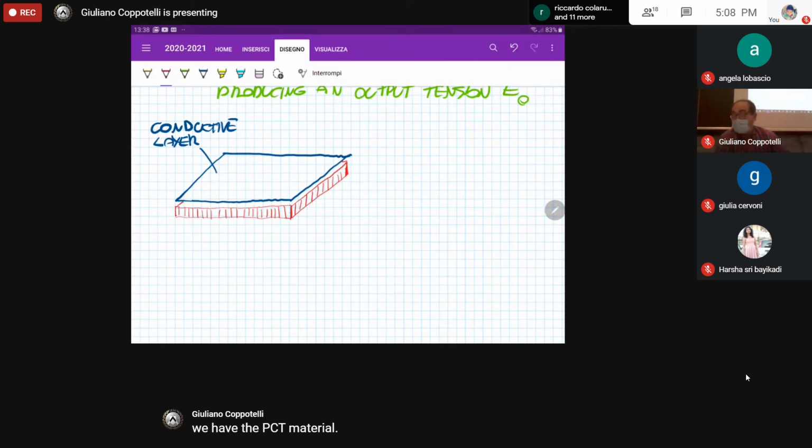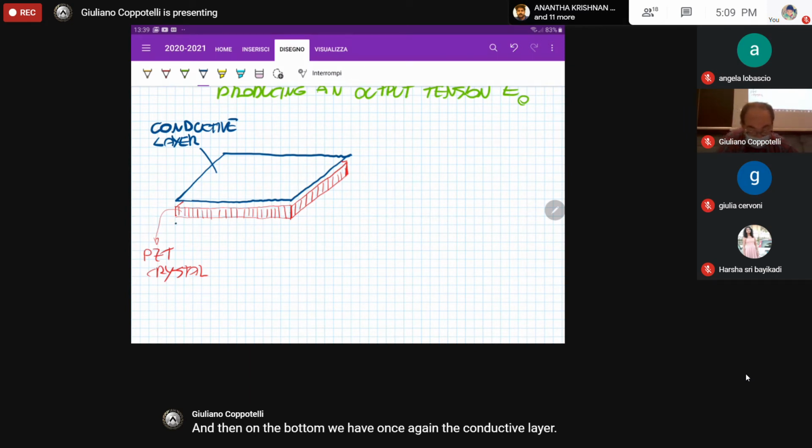Okay. And then at the bottom, we have once again the conductive layer. Let's say like this.